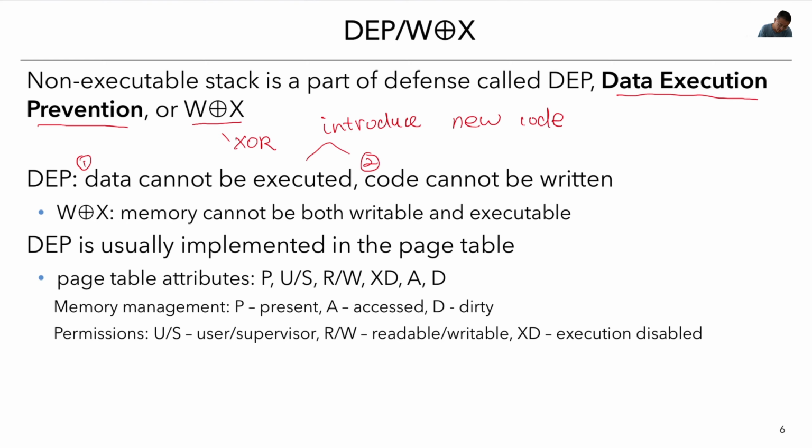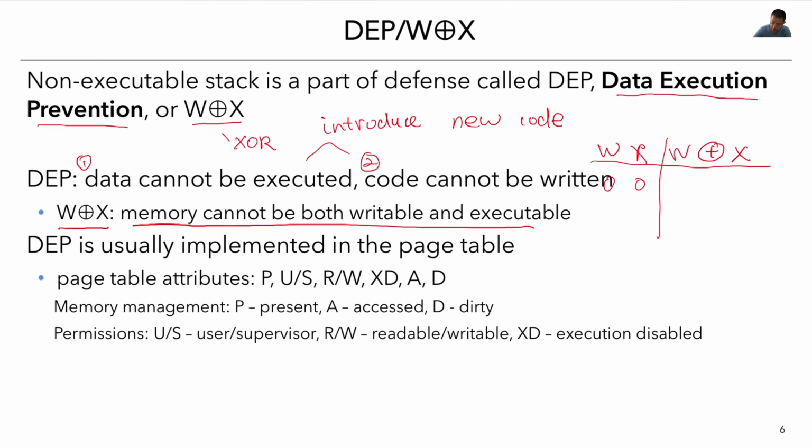So sometimes this is also called W XOR X. The memory cannot be both writable and executable. So we know the truth table of XOR. If W is 0, X is 0, we get 0. If W is 0, X is 1, we get a 1, right? If W is 1, X is 0, we get a 1.